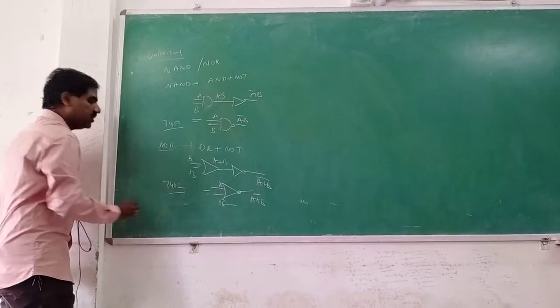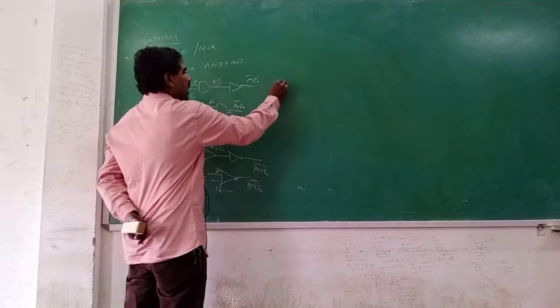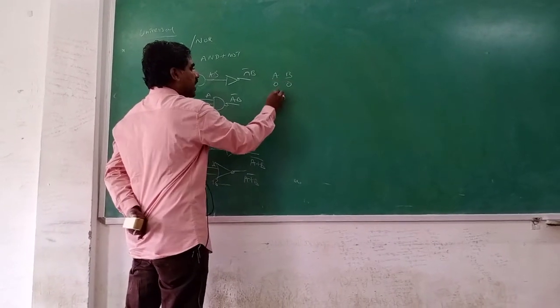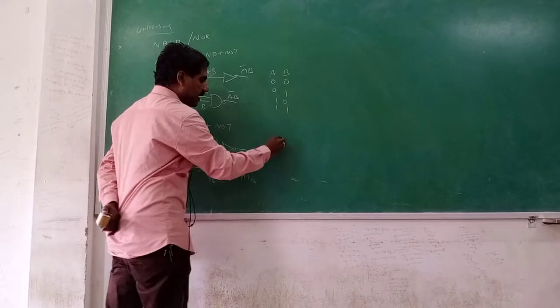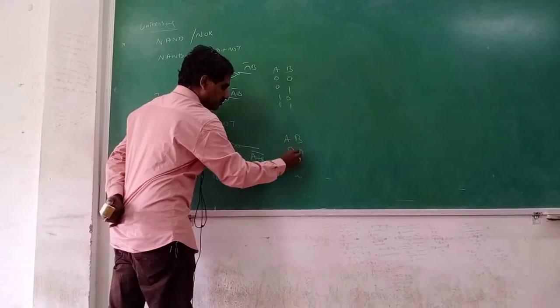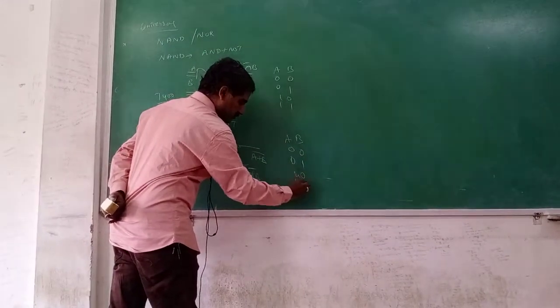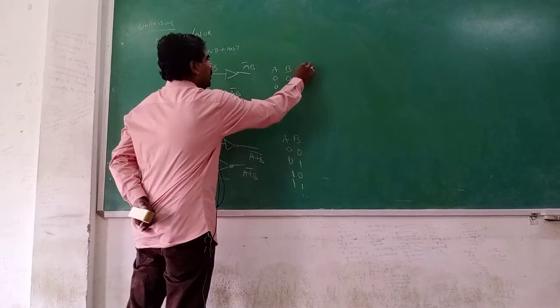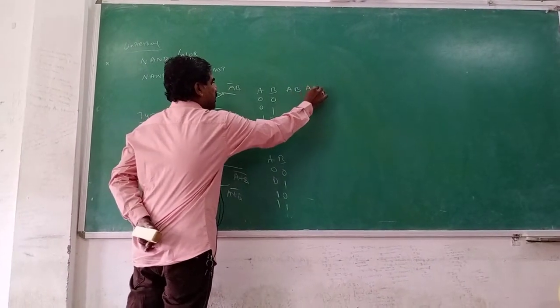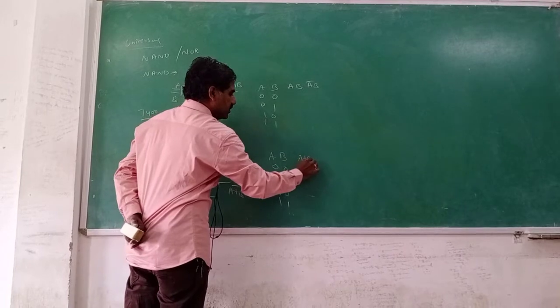Now you draw truth tables for NAND gate as well as NOR gate. First you take the product, then you simply complement.